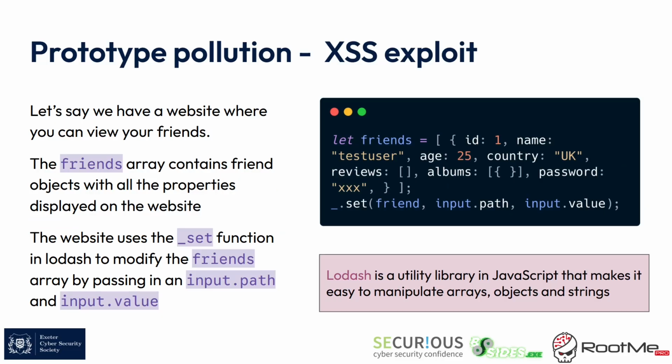The code on the server side says if they want to set a value in the friends array, they would set the friend, passing in the ID and the input path, so that could be age, and then the value would be 30. Is that clear? Okay.